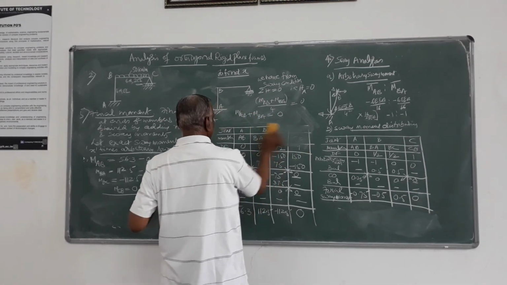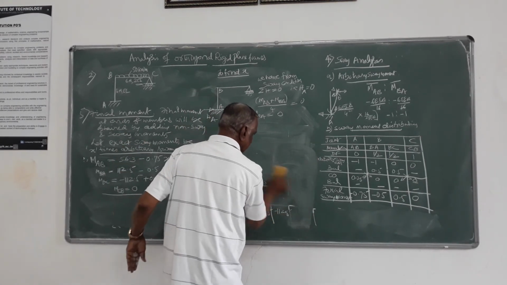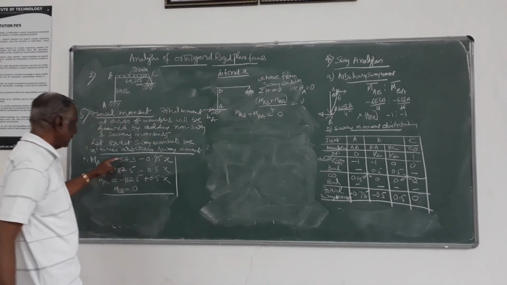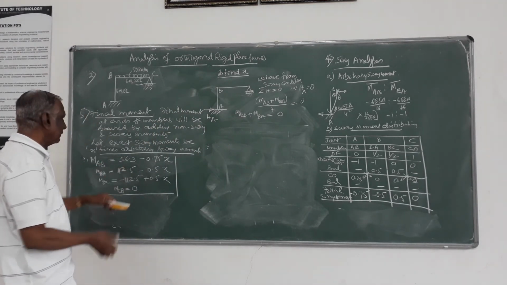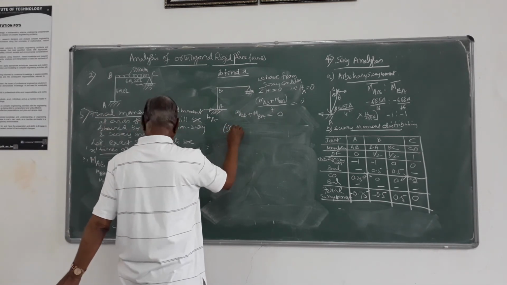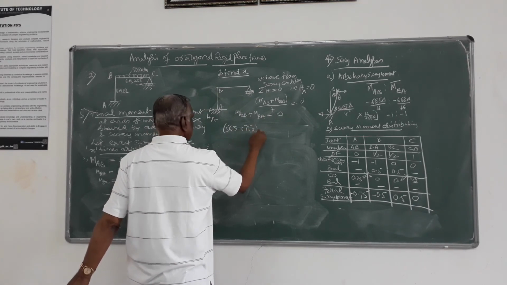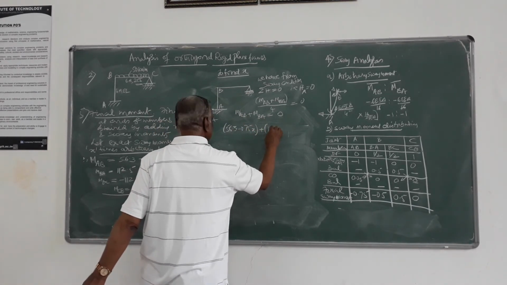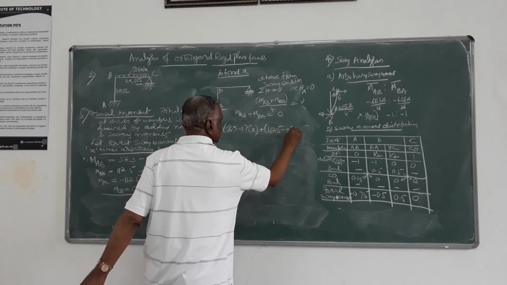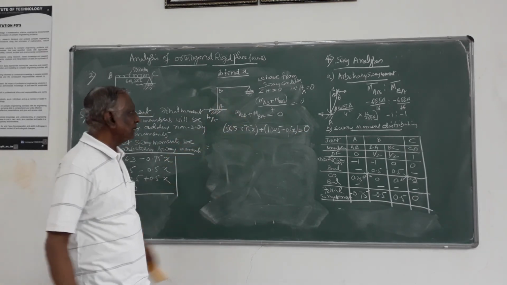Now you got MAB, MBA obtained here, right? Both from non-sway and sway analysis, MAB plus MBA. You substitute this value, that is 56.3 minus 0.75x plus 112.5 minus 0.5x is equal to 0. I have substituted values of MAB, MBA.